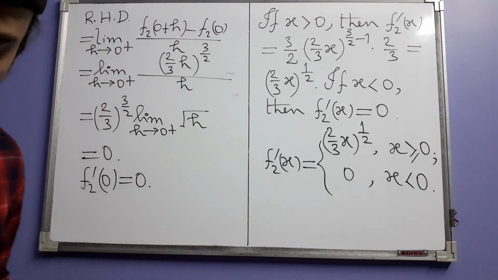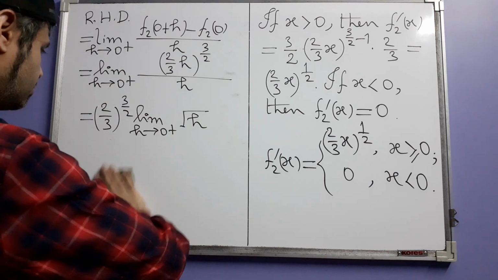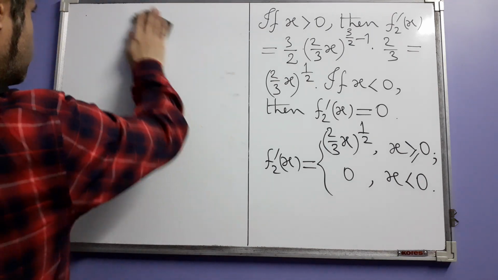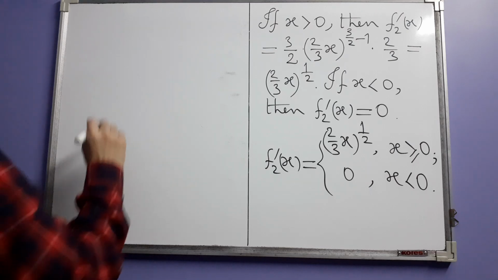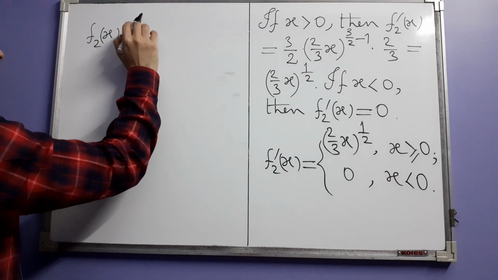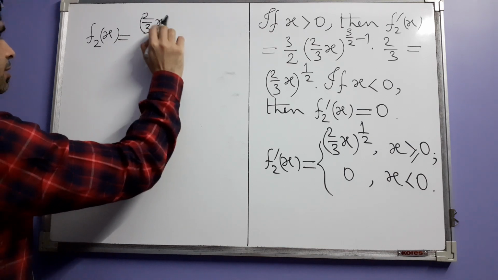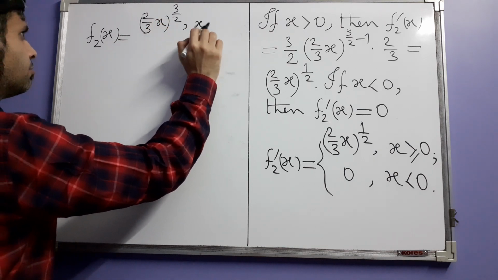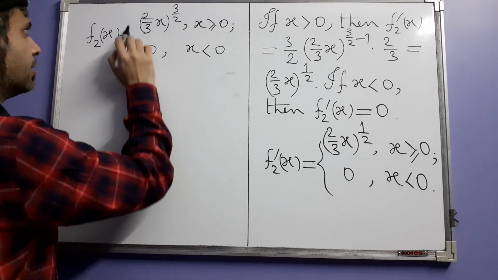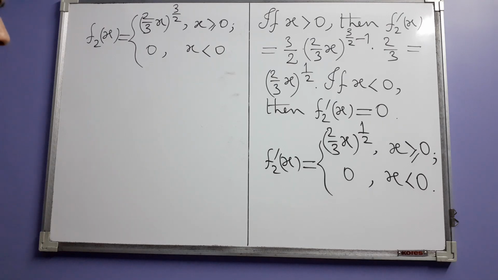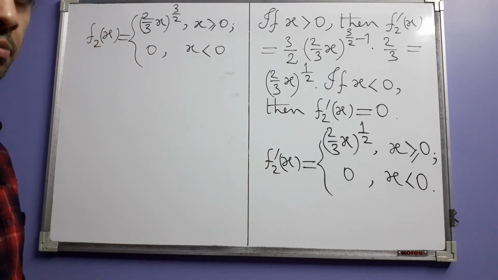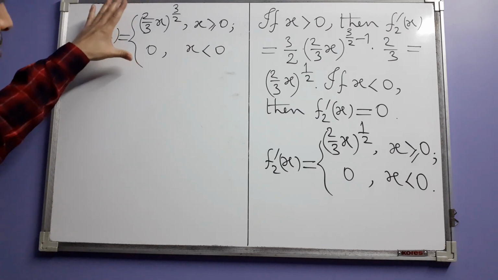Okay. Now, what was the original f2? Let us again write its definition. The original f2 was this: 2 over 3 times x to the power 3 over 2 when x is non-negative and 0 when x is negative. Is the derivative equal to the cube root of f2? Let us take the cube root of this function.